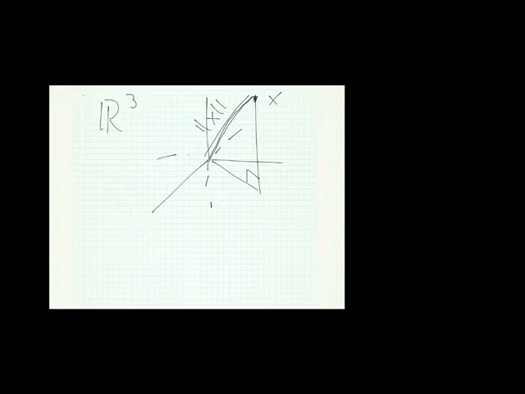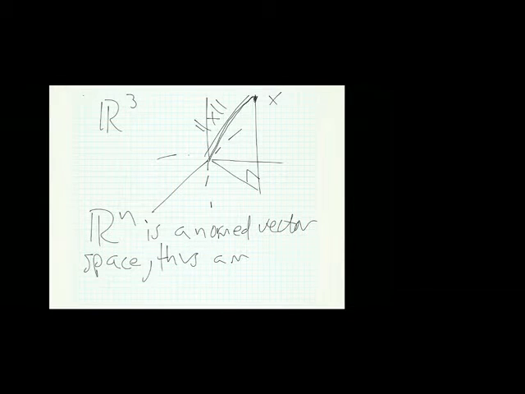Okay, so the whole point is that Rn, there are lots of little details to check, but it fits our definition of a normed vector space. It's a normed vector space, so we've already said how that gives us a metric space. And we've said how a metric space gives us a topological space.